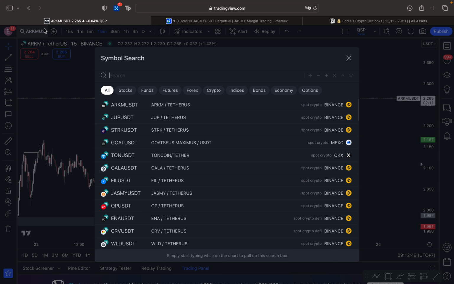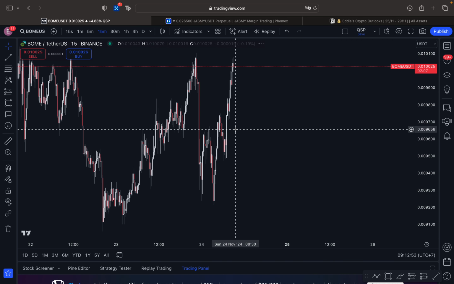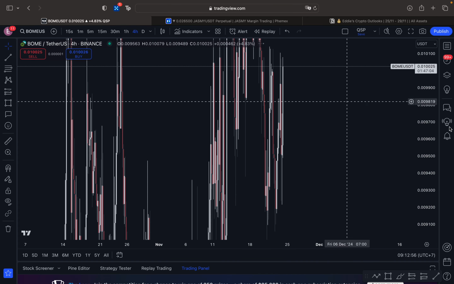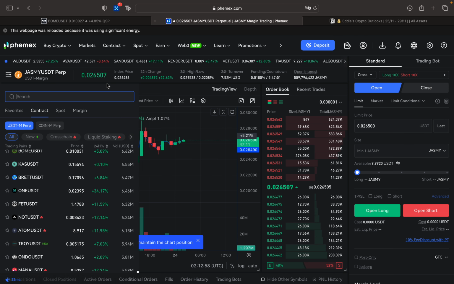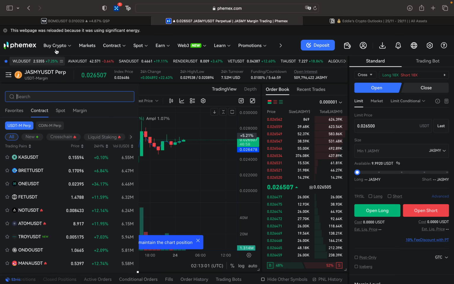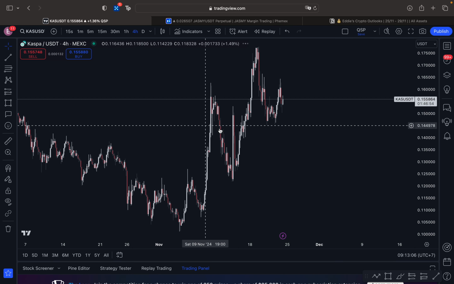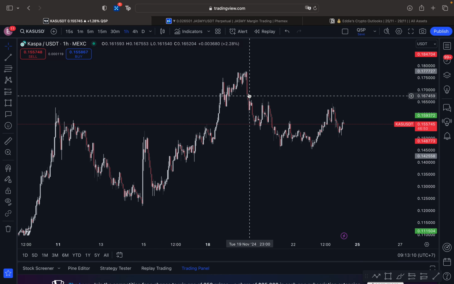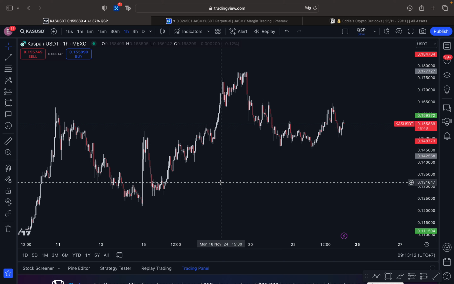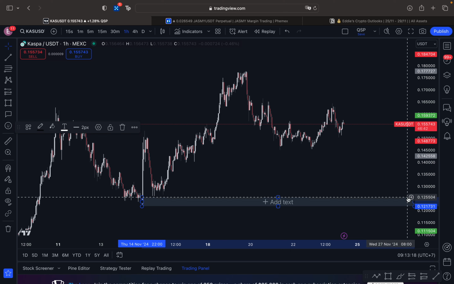Boom. Is that a meme coin? Yeah, I'm not trading that. CAS USDT. Okay, I think we're getting to the meme coins. I'm just going to say alert here.